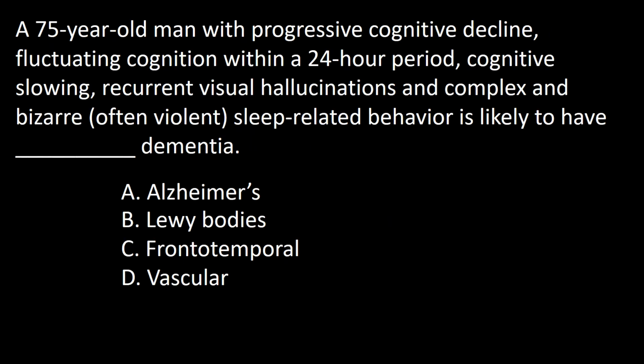A 75-year-old man with progressive cognitive decline, fluctuating cognition with a 24-hour period, cognitive slowing, recurrent visual hallucinations, and complex and bizarre, often violent sleep-related behavior is likely to have dash dementia. A, Alzheimer's. B, Lewy bodies. C, Frontotemporal. D, Vascular.